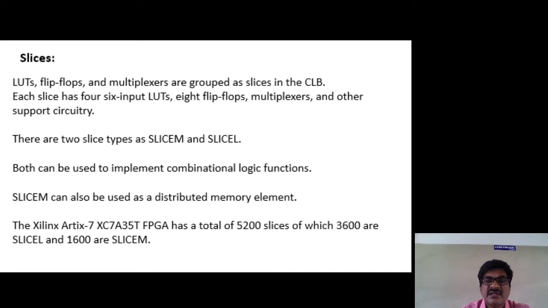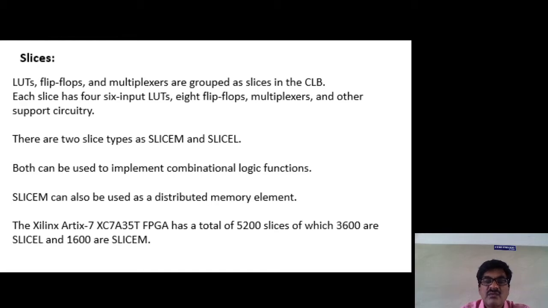Suppose you take the Artix 7 XC7A35T, it consists of 5200 slices. Out of these 5200 slices, 3600 are SLICEL and 1600 are SLICEM. Both slices are used to realize combinational logic functions, but SLICEM is especially used as a distributed memory element.